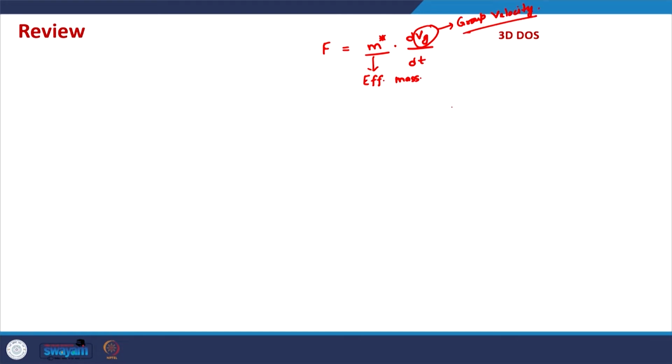So, this equation looks pretty much similar to a classical equation of motion or Newton's second law of motion, and that makes our analysis of devices very easy.